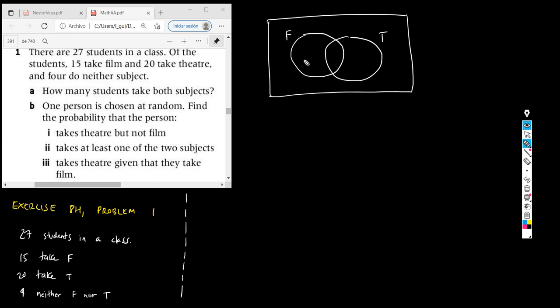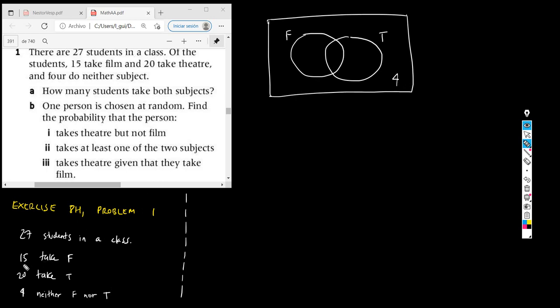The circle means the students that take film. All this circle means the students that take theater. This bit in here represents the students that take both film and theater. And what is outside the circles, which is all of this area, represents the students that take neither film nor theater. So I already know how many students I have outside. I have 4.